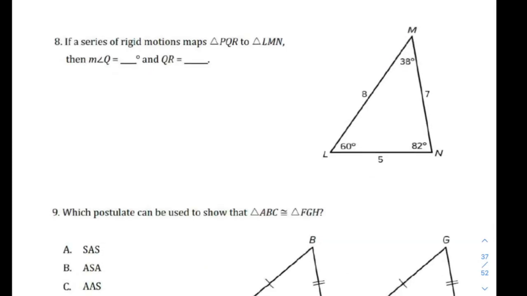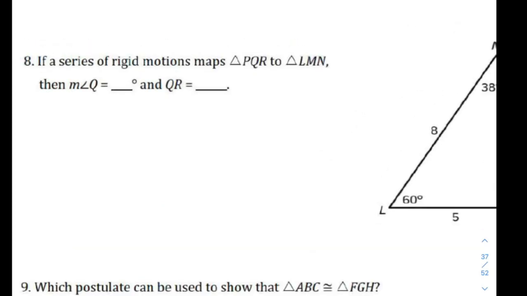If a series of rigid motions maps triangle PQR to triangle LMN, then the measure of angle Q equals what? QR equals what? We have to realize that if the rigid motions, meaning reflection, rotation, or whatever, lead to this mapping to that, that means they should be congruent.